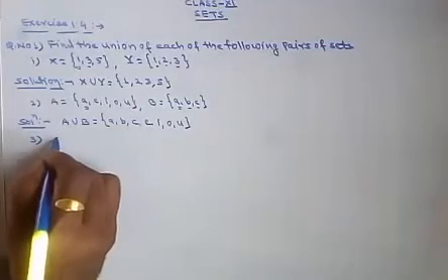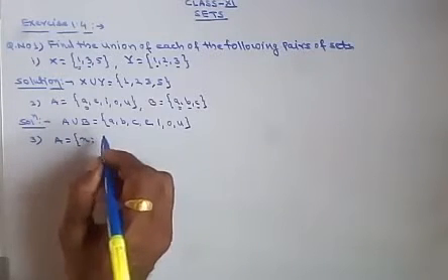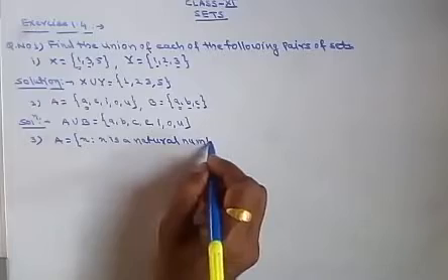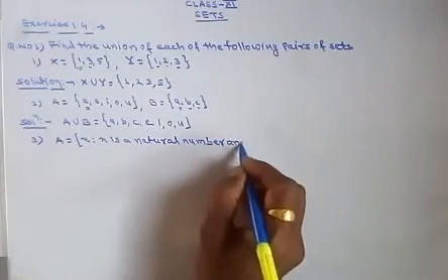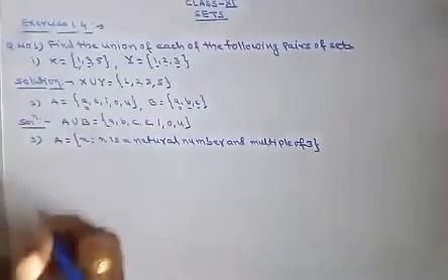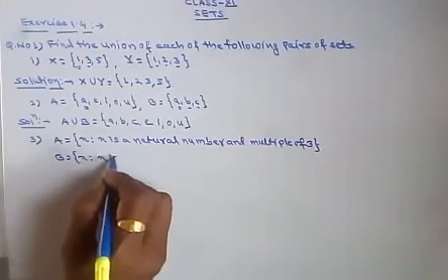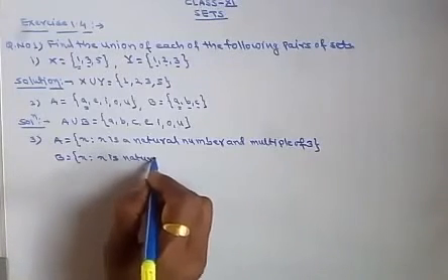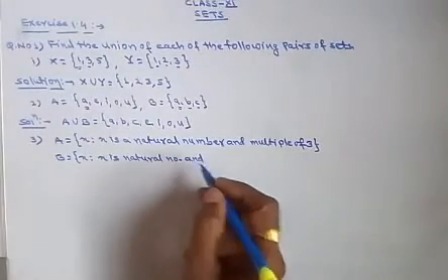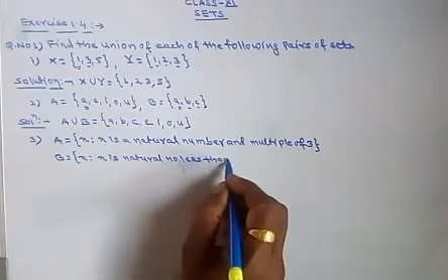Okay. Third: set A is a set of x elements such that x is a natural number and a multiple of 3, and B is a set of x elements such that x is a natural number less than 6.